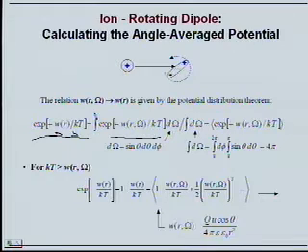So this average of all possible configurations is going to give you the energy of interaction without the angle, because the angle is going to be averaged, and you're going to take this into account automatically when you do the averaging.